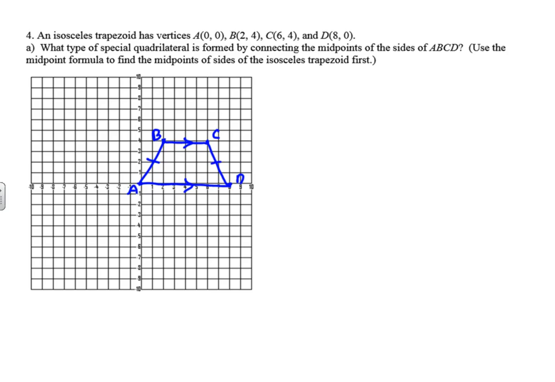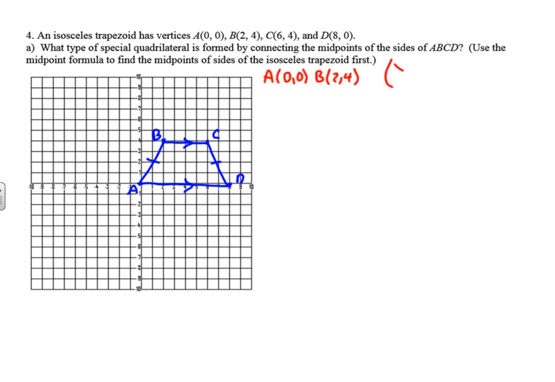What special type of quadrilateral is formed by connecting the midpoints of the sides of ABCD? Well, in order to do that, we need to find what those midpoints are. So we use our midpoint formula, and let's start with side AB. A is 0, 0, and B is 2, 4.